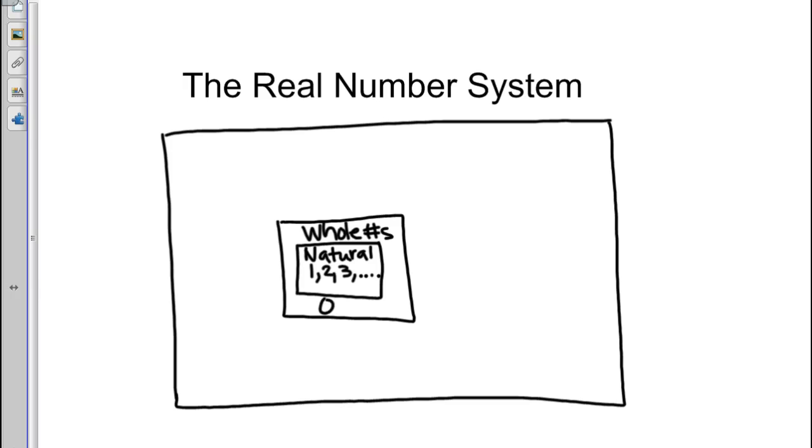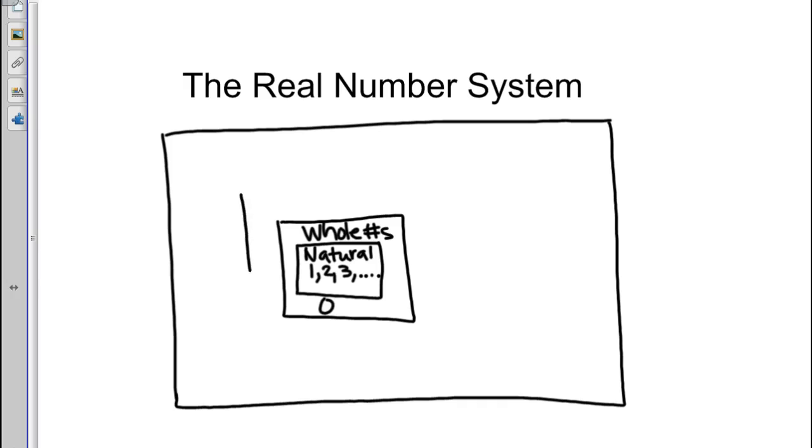The only number that is not in the natural numbers would be 0. You didn't learn how to count with 0. You learned how to count starting with 1. So if you think about this, this is a box inside a box. So I have the whole number box that has just 0 in it, but inside the whole number box, I have the natural numbers, 1, 2, 3, and so on. So the whole numbers are the natural numbers plus 0.